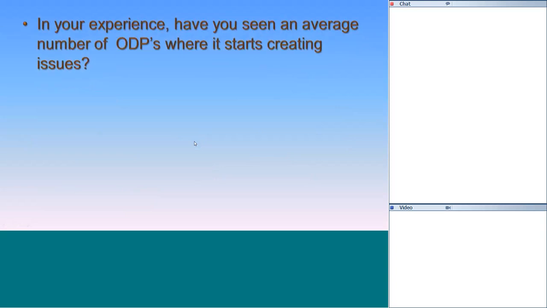Okay, well, that goes back to the previous question. I think your 4,500 is a new record. Average number of ODPs, 30, 40, 50, 60, they don't cause problems. I've never seen, 700 ODPs I think was the most I've ever seen.